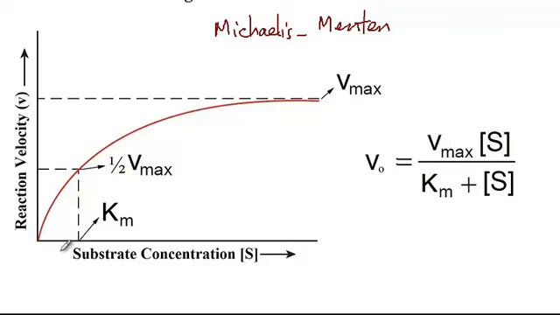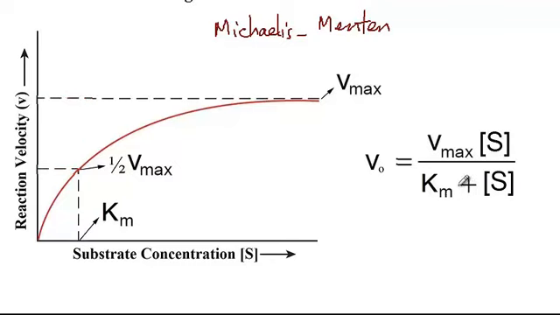So if you look at this curve, we have reaction velocity on one axis, substrate concentration on the other axis. As we add more substrate, Vmax will be reached, because here at this point all the enzymes are saturated. Now the substrate concentration at which the velocity is half, so here you can see the velocity at this point is half of the Vmax, is called Km, or Michaelis constant.